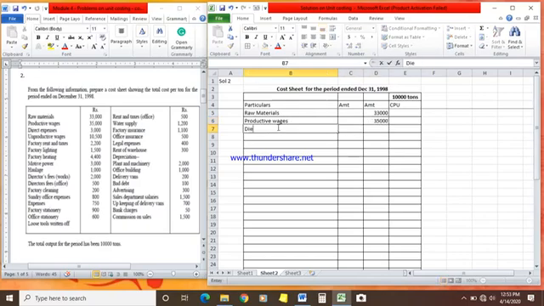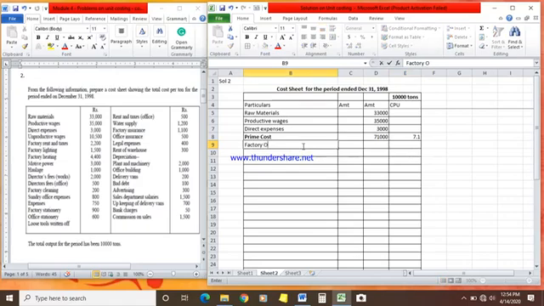Direct expenses 3,000. So this part is our prime cost. This amount 71,000 will be divided by the output, that is 10,000 tons, so you get the cost per unit, or the cost per ton.